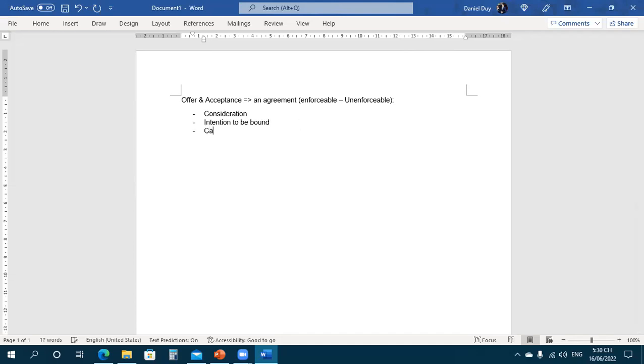And finally, we need to have capacity. Capacity here is the ability to understand and act as a reasonable person.